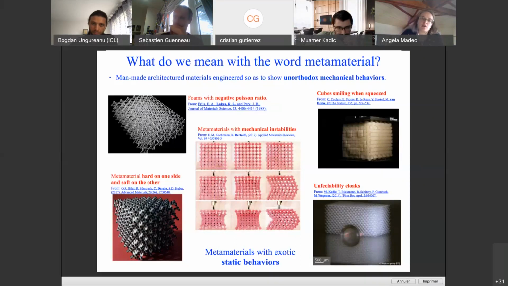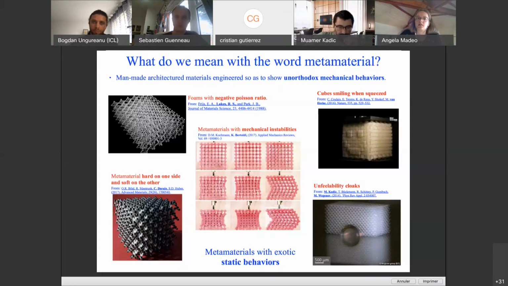We didn't talk about metamaterials, but we started seeing appearing materials like foams that exhibit negative Poisson ratio, and then research is going ahead in this direction. And here in the slide you see different materials with exotic static behavior.